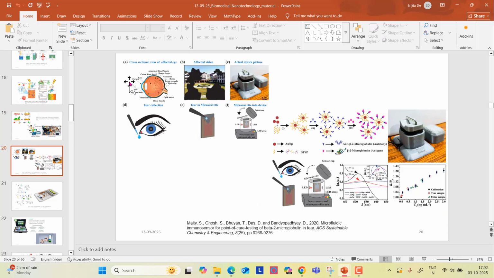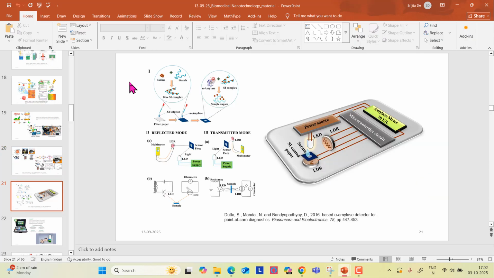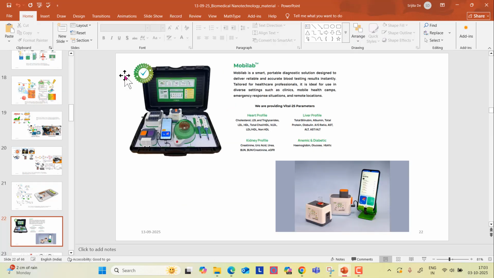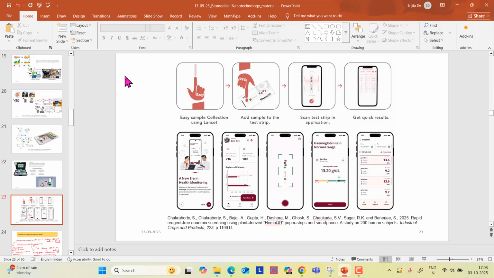This is for the glucose, beta microglobulin detection. This is for LED based paper based amylase detection methods. This is for all types of blood parameter detection, and this is for hemoglobin detection.